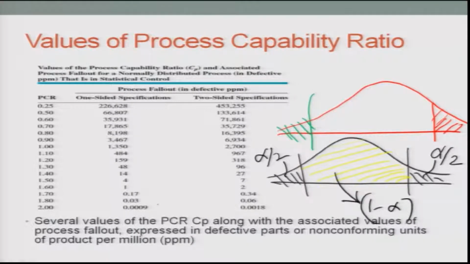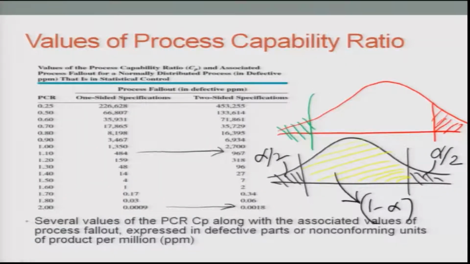If you are considering the values of 0.0009, then for the two sided one it would be about double of that. If you are considering, say for example, 484, it should be about 968, but it is 967. Those values have been adjusted by plus 1 to make them approximately exact.